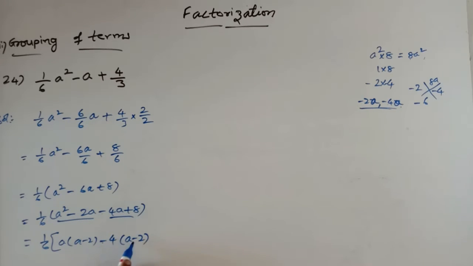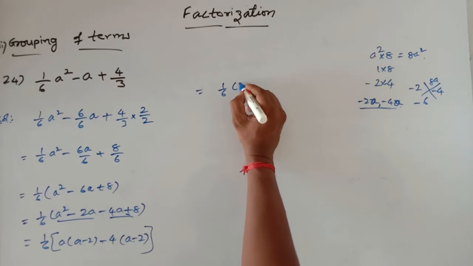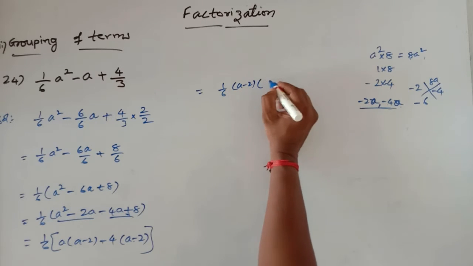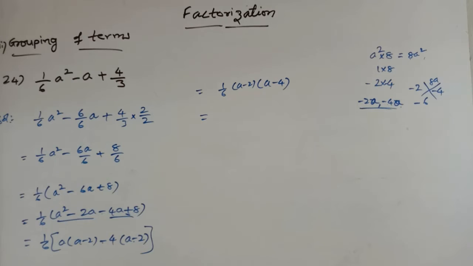So here minus into minus is plus, I am getting my correct term. Okay, again in this common, 1 by 6 into a minus 2 is common, a minus 2 into remaining term is a minus 4. So these are the factors of 1 by 6 a square minus a plus 4 by 3.